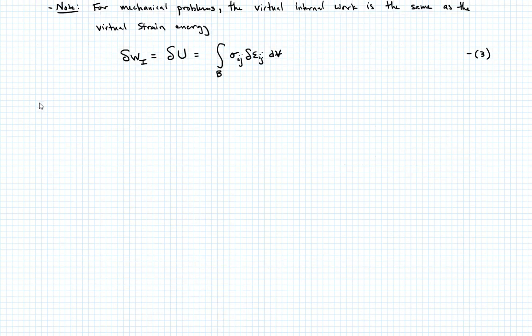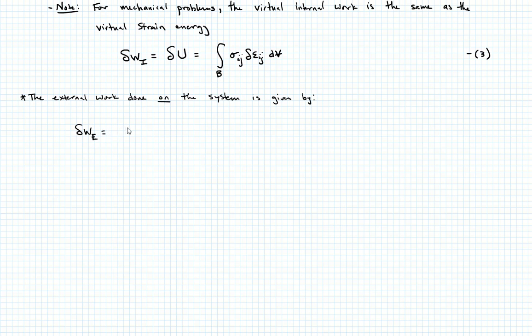The external work on the system is the work that's going to be done from the body forces and the tractions. So the external work on the system is going to be given as follows. It's going to be given by delta We, the virtual work from some virtual displacement. There's going to be a negative sign here. That's negative because this is external work performed on the body.